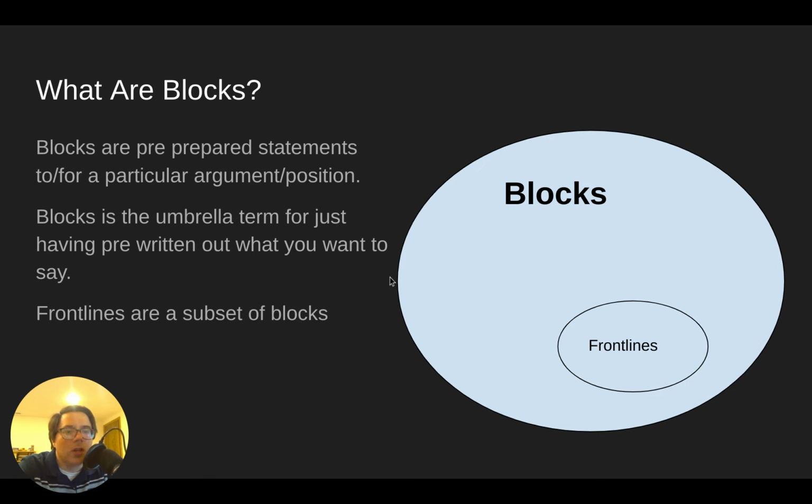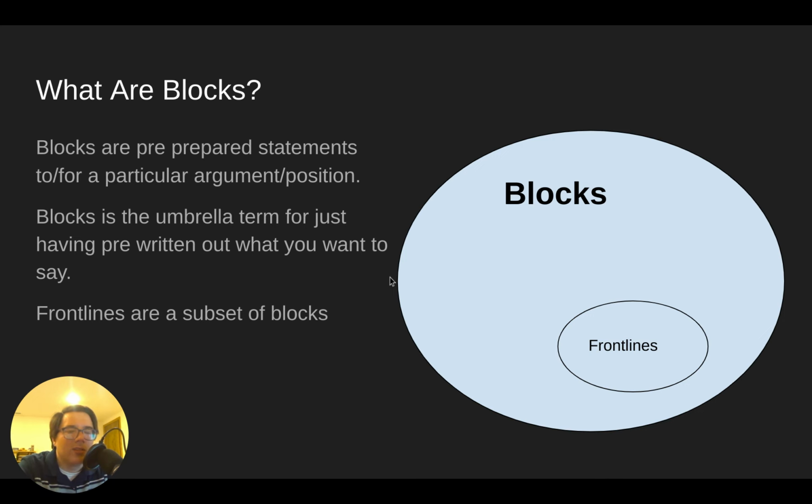All front lines are blocks, but not all blocks are front lines. So, it's one of those square-rectangle situations. Don't worry too much. If it's confusing, you can ask for clarification from an older classmate, a teammate, or a coach. They should be able to tell you.